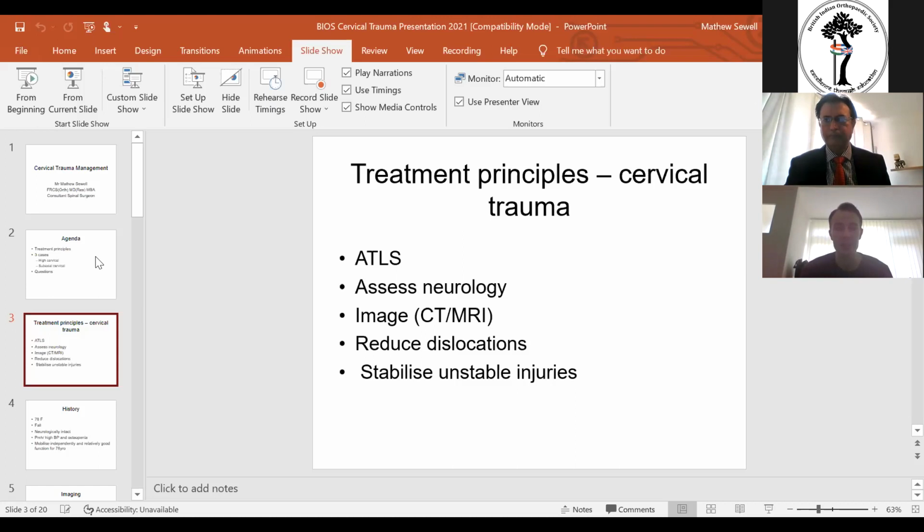And then if the injury is unstable, based on a physiological definition that we'll go through, you want to stabilize unstable injuries, which can be operative or non-operative. So these 5 principles will allow you to manage any trauma injury of the cervical, thoracic, or lumbar spine to pass your Viva.